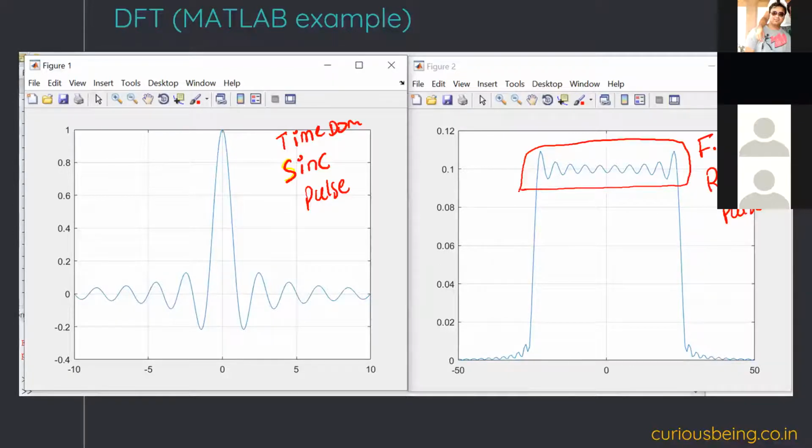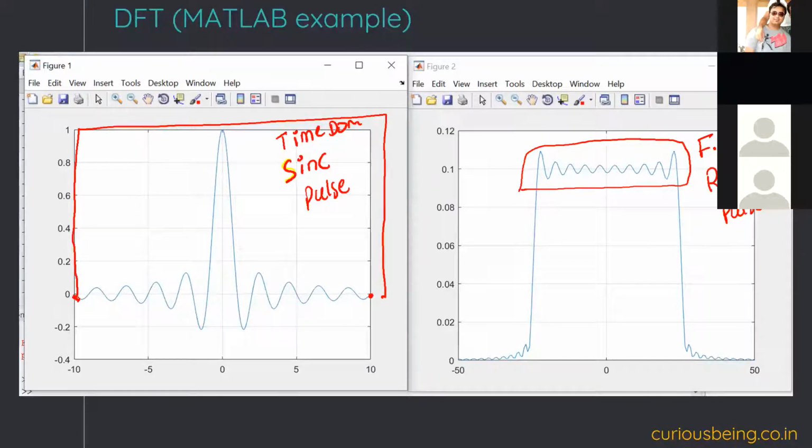But in implementation, we cannot process an infinite amount of signal, so we limit the sync pulse from, let's say, time 0 to time 10. It could be any value. So we window it, passing it through a rectangular window.